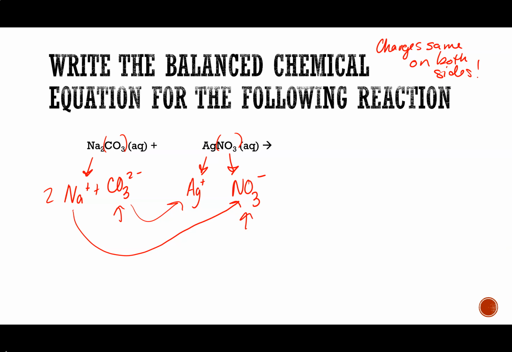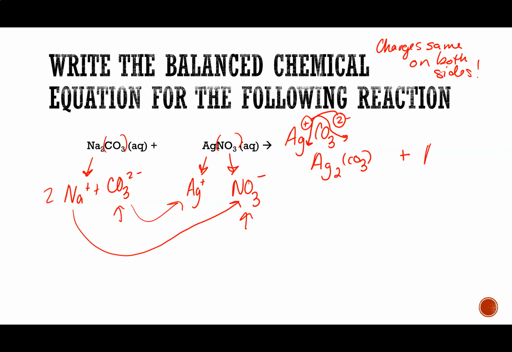Remember that when we switch, the charges stay the same, and we're going to do that cross method. So since this is a 2 minus, we're going to take that 2 and cross it down. We're going to take that 1, cross it down here, and we're going to get Ag2CO3, and we're going to leave the state because we're going to double check what the solubilities are in a second.